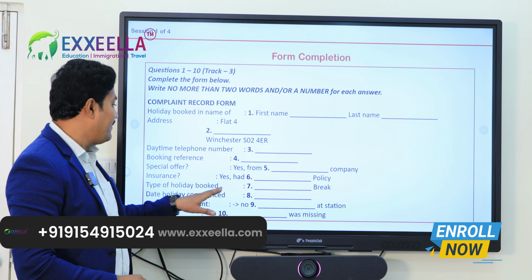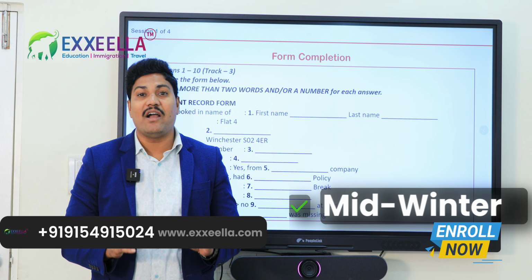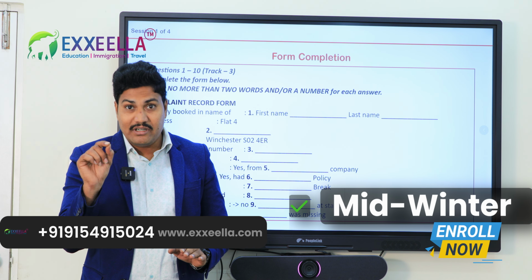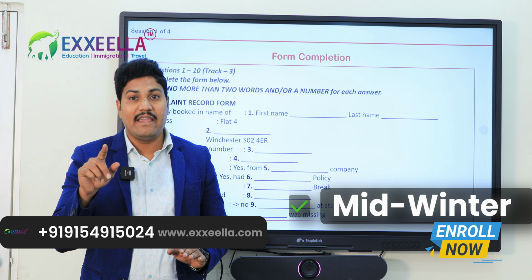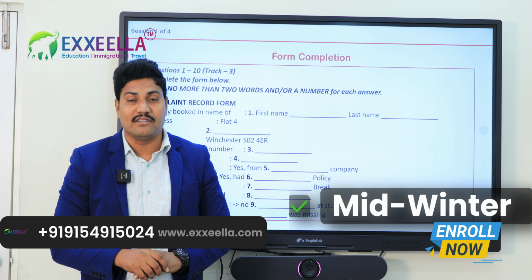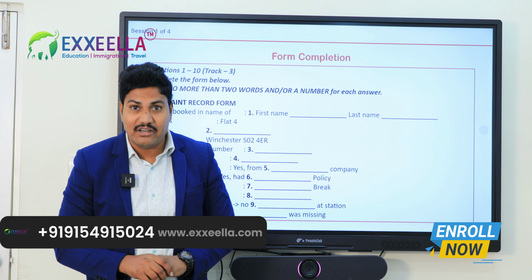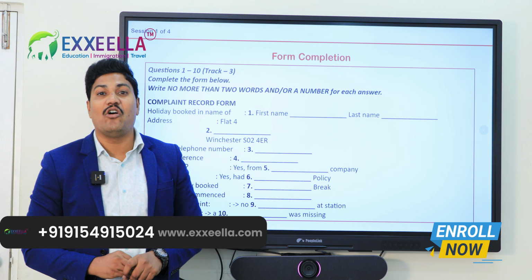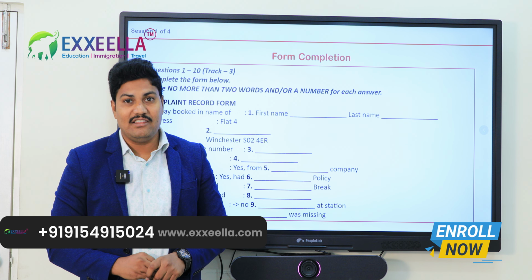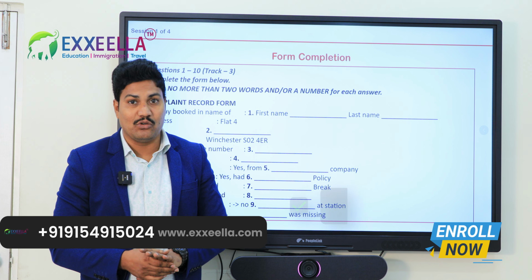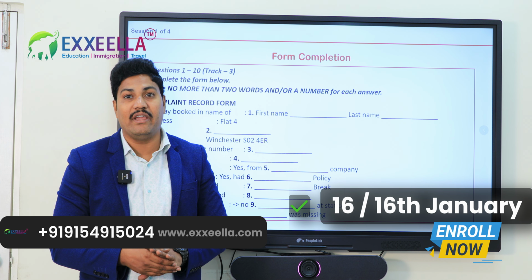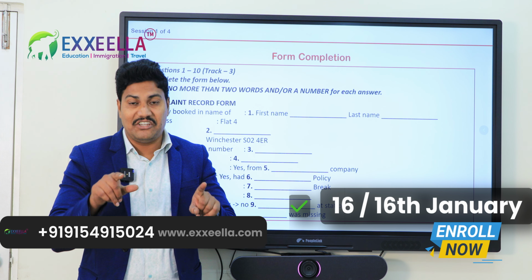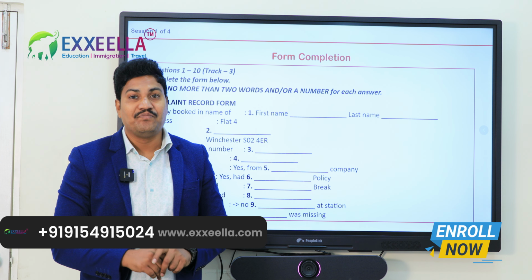And coming to the seventh one, midwinter. MID, mid, and you should keep a hyphen, WINTER, midwinter. Okay, and the eighth answer is they started their holiday on Jan 16th, so that is January 16th. So you need to write JANUARY, January, and 16th. That is the answer for the eighth one.